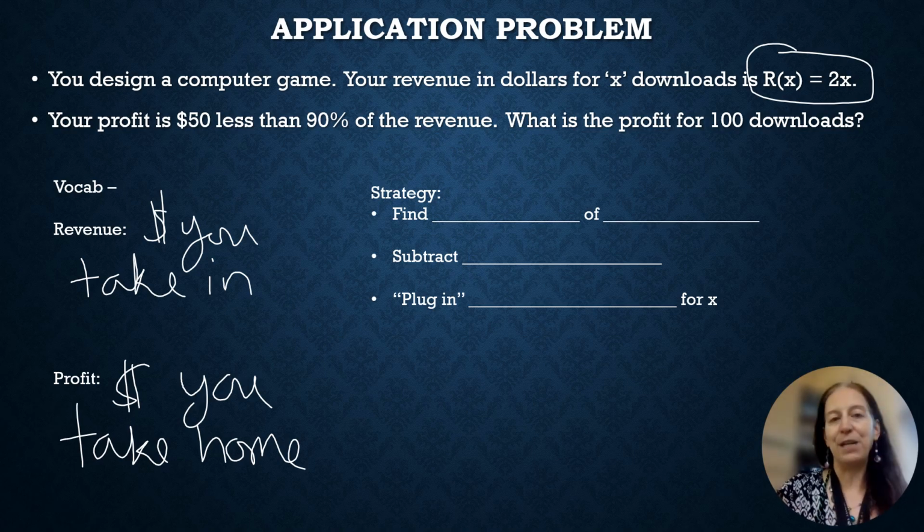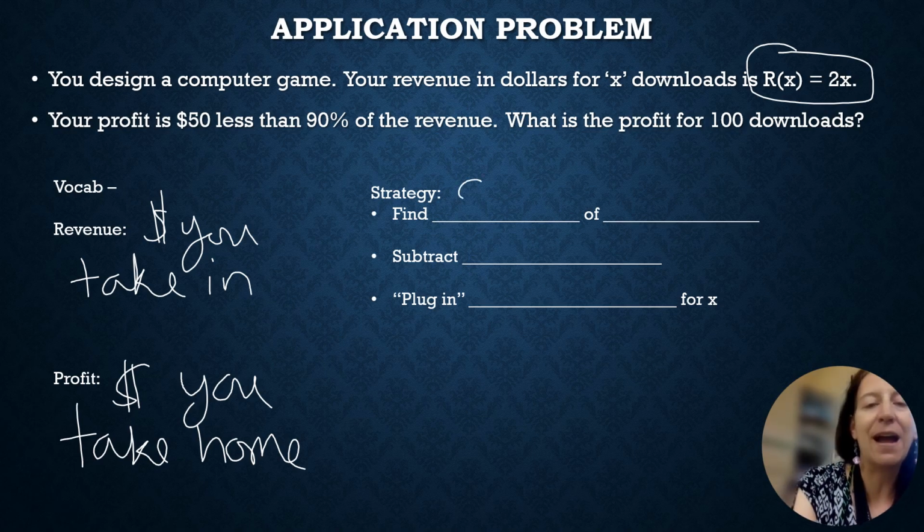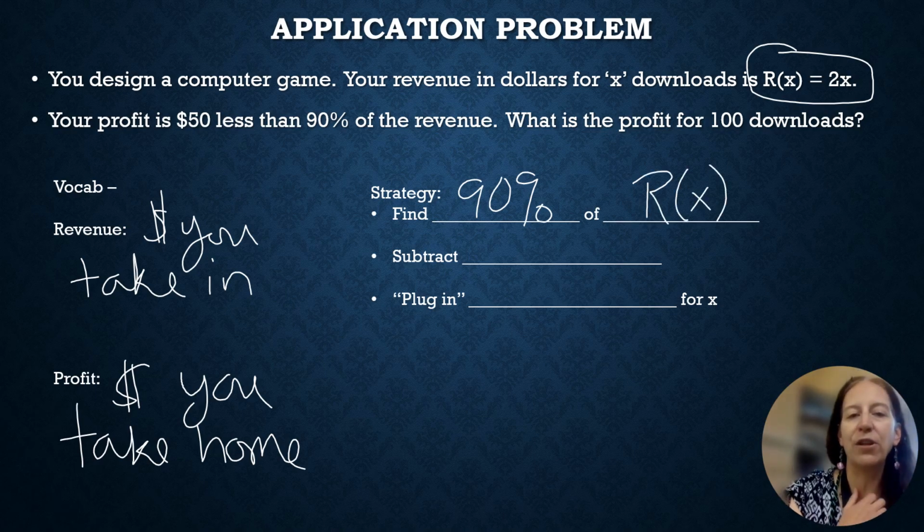So finding 90% of the revenue is something you need to carry out. We need to have a strategy here. So the strategy: we're going to find 90% of the revenue. And then once we know what 90% of the revenue is, the profit is $50 less than that. So then we will subtract the 50.